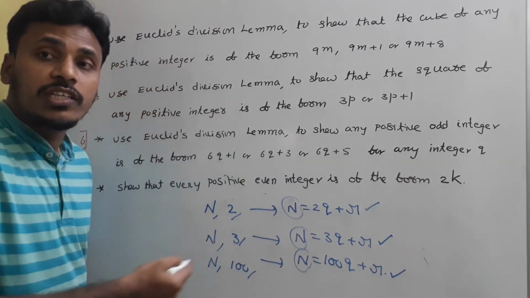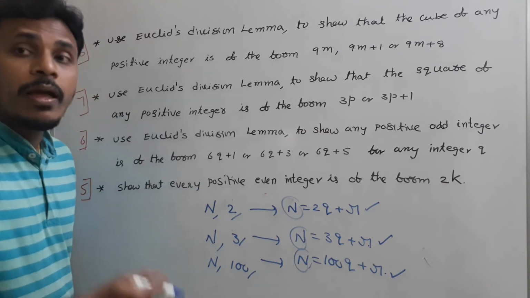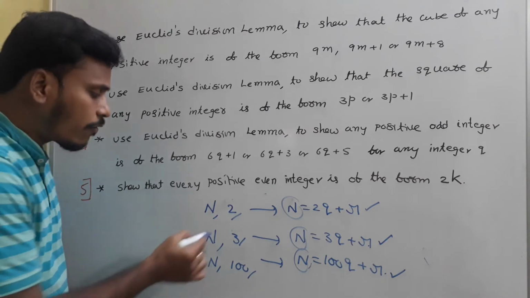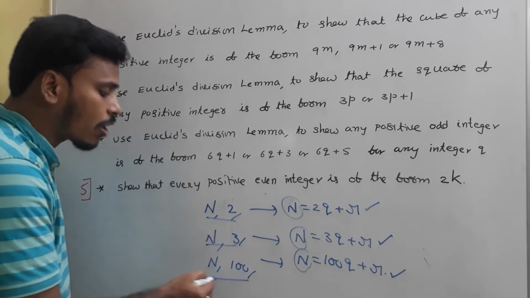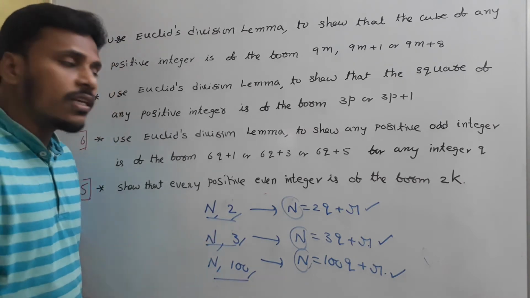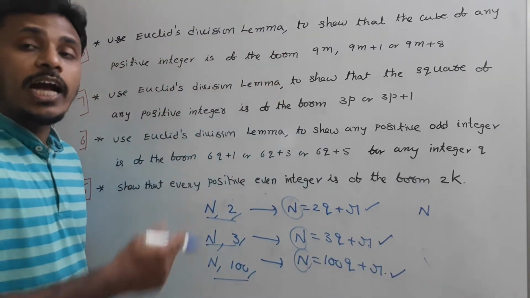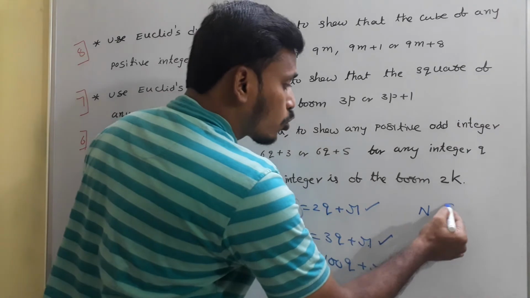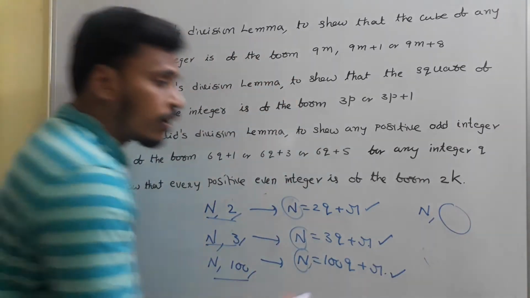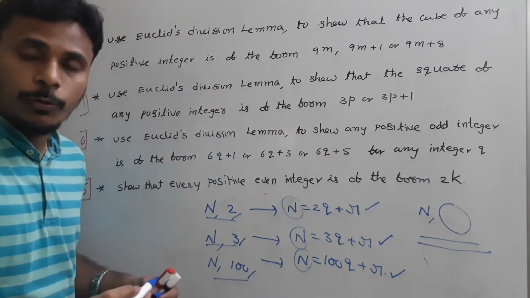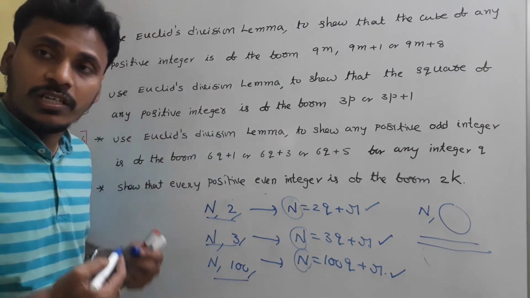How did we generate these representations? Just by applying Euclid's division lemma statement for these two numbers, or these two numbers. Here n is a required positive integer, and according to the situation, we need to choose some other number. We apply Euclid's division lemma to these two numbers, and from there we get a representation.